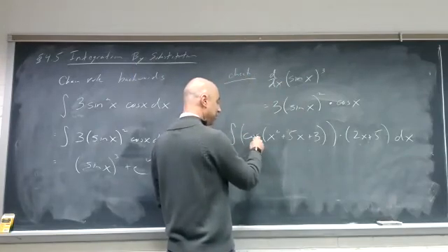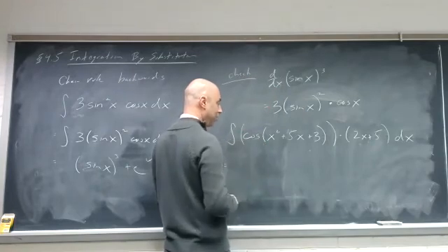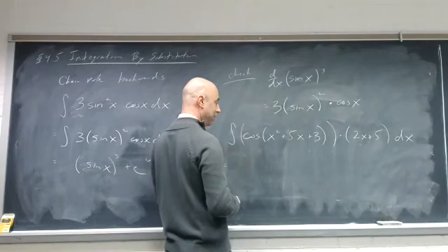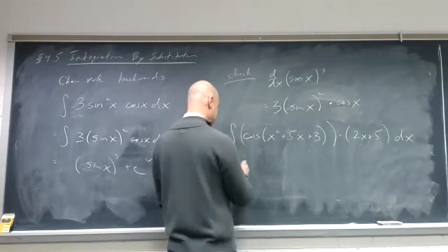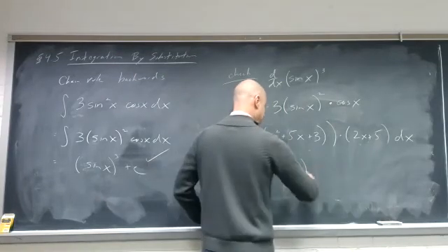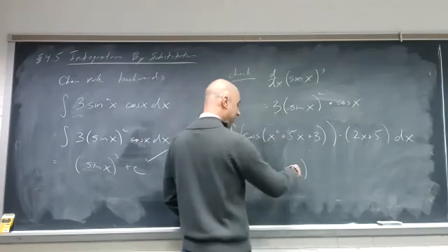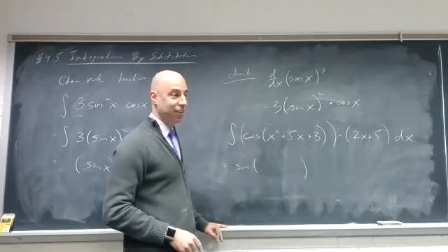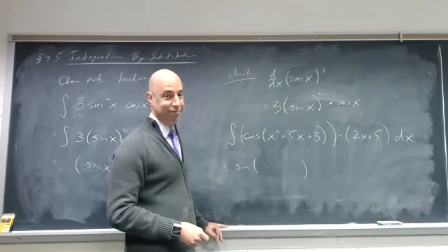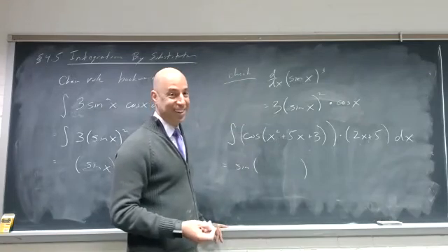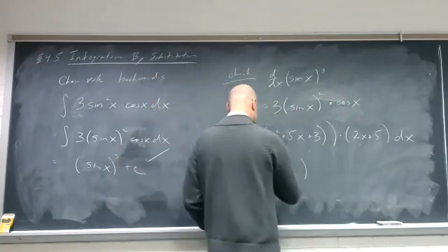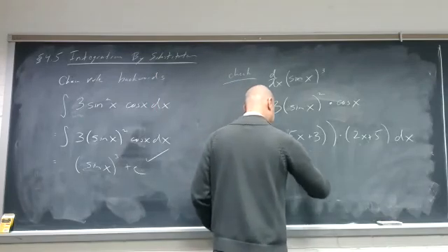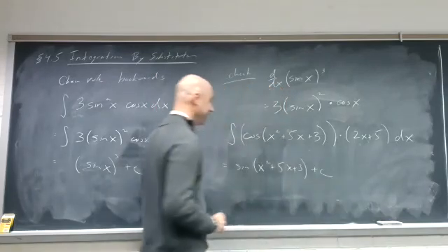If somebody took the derivative of something and ended up with cos, what was the original thing? Sine. Yeah, sine. And what's the relationship between this and what goes in here? It's the same. X squared plus 5x plus 3. And then we'll put in our plus c.